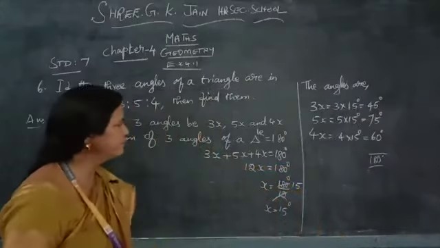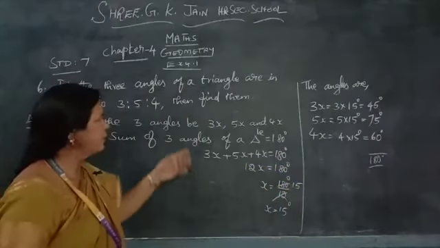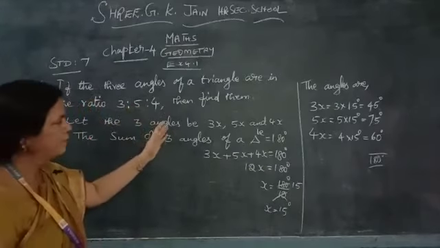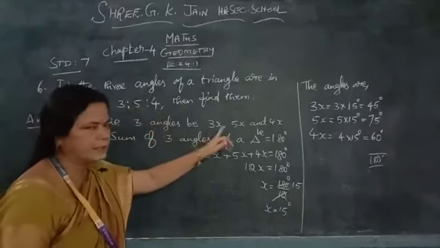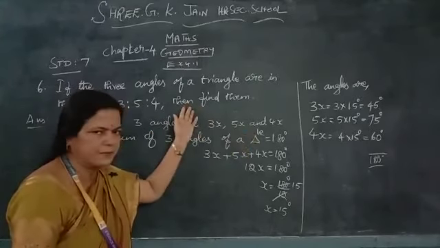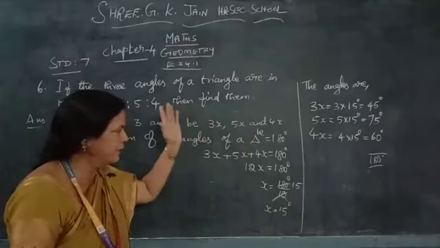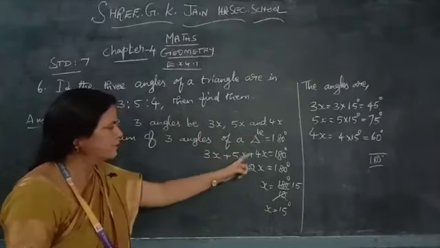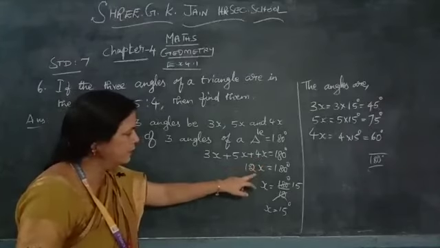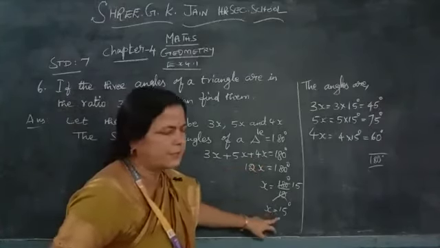Again, we will see that whenever it is given in a ratio, whatever you are going to find out, take that as x. So 3x, 5x and 4x because the ratio is given in the question. Now 3x plus 5x plus 4x, if you add, you get 180 degrees by the angle sum property. Dividing, you get x value as 15.